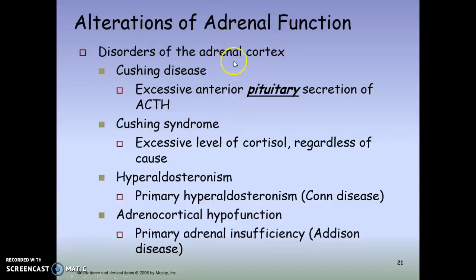An adenoma here, where the adrenal cortex is constantly going to be producing high levels of cortisol. So the high levels of cortisol are pituitary independent, whereas Cushing disease is pituitary dependent because the pituitary is secreting high levels of ACTH, which then go and act on the adrenal cortex to cause high levels of cortisol.